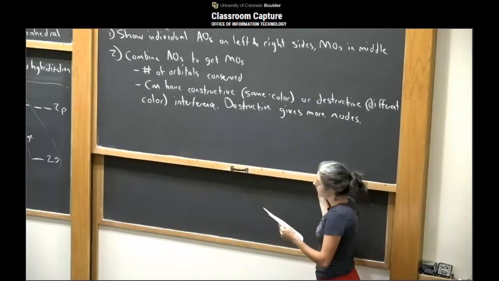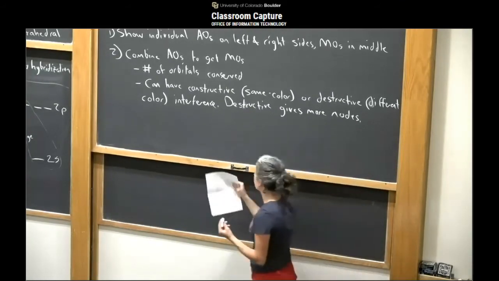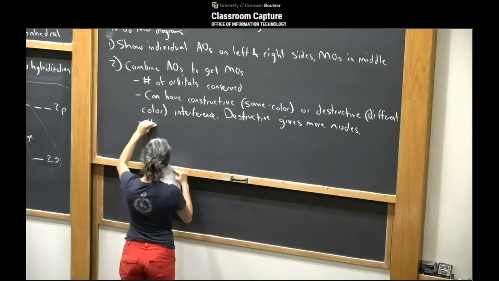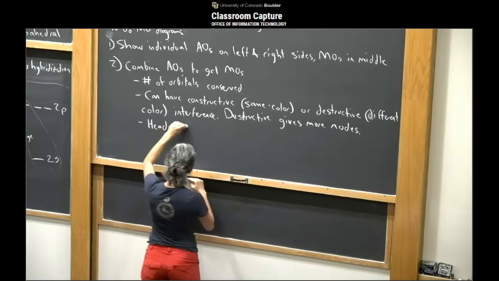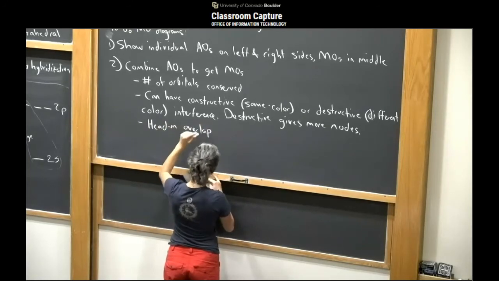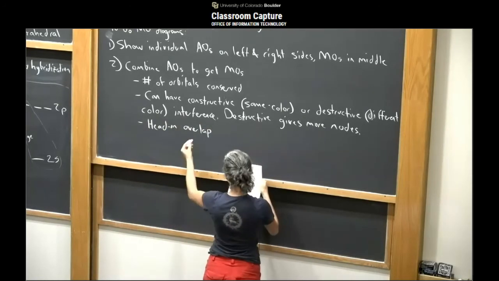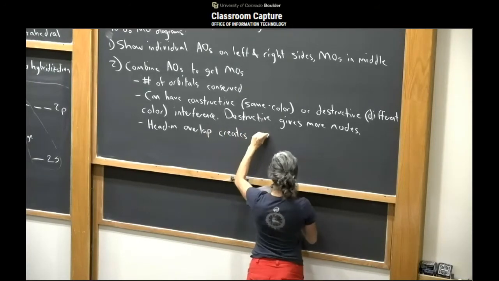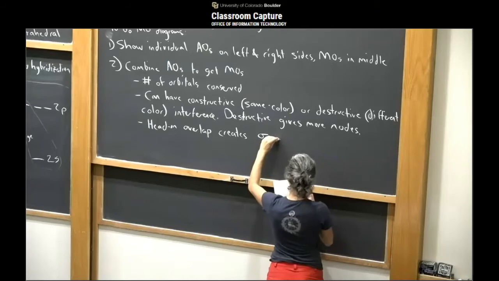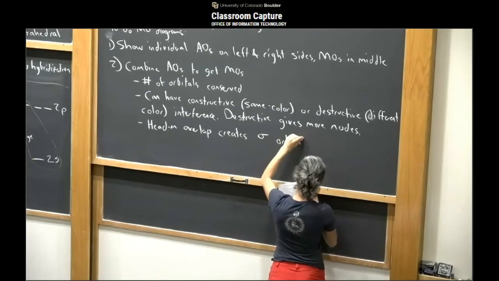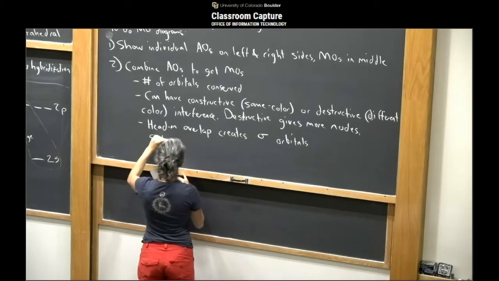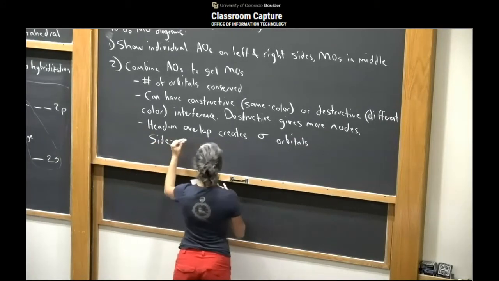So next up is looking at what type of overlap we can get. Head-on overlap creates sigma orbitals, and side-on creates pi. And again, I'll show how that looks in a second here.